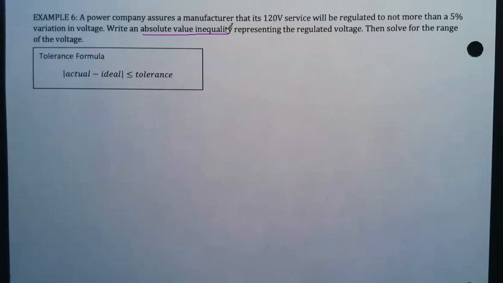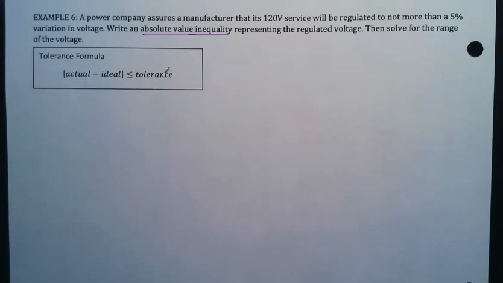Okay, so this is pretty crazy. But I gave you a tolerance formula. And so it's going to be the absolute value of the actual minus the ideal is less than or equal to the tolerance. And we want it to be less than or equal to because it's a range. So let's look at this.